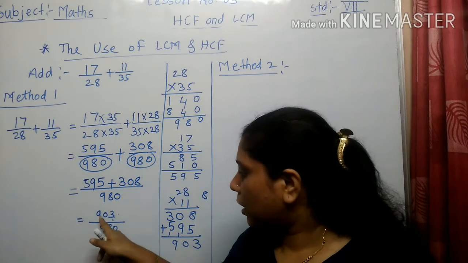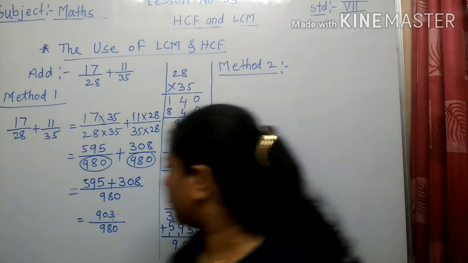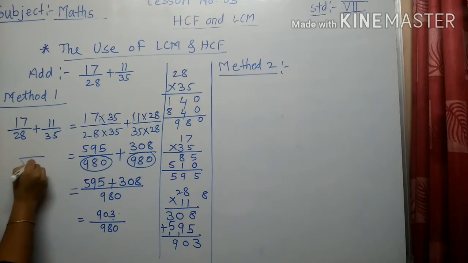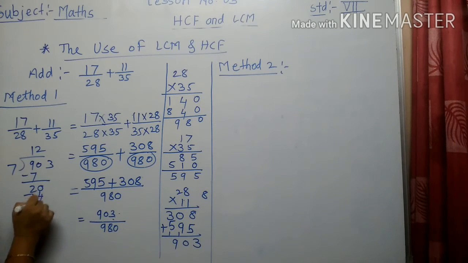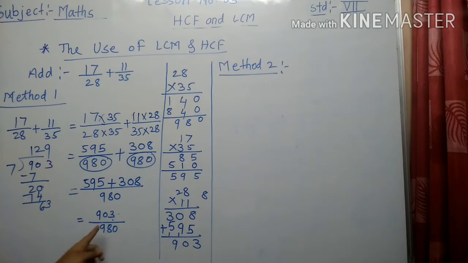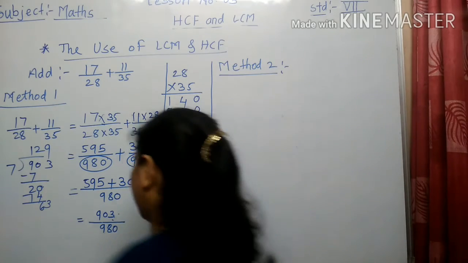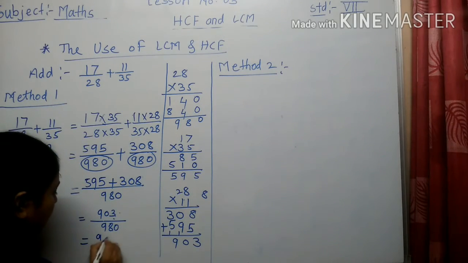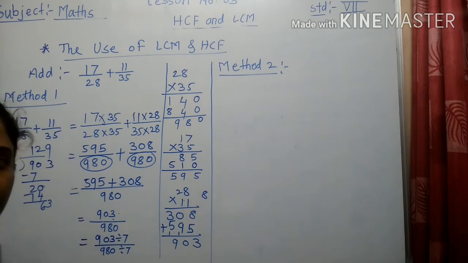We will check. 903 divided by 7. Just we will cross check it over here. 7 ones are 7. 20. 7 2s are 14. Yes. 7 9s are. Yes. So both the numbers are divisible by 7. So I am writing over here the last step as 903 divided by 980, divided by 7 divided by 7.